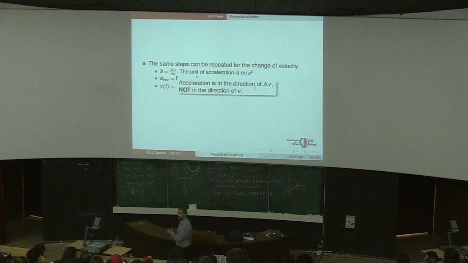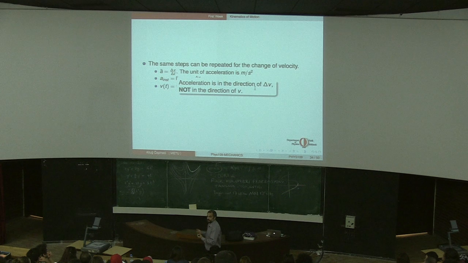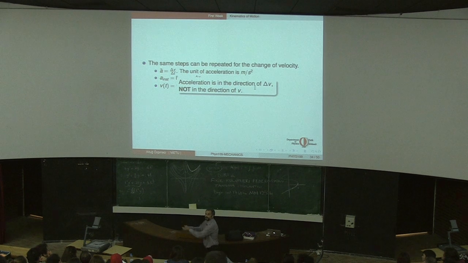All this time I have been moving in the positive direction. But initially, I had 0 velocity. Then I had positive velocity, so I had positive acceleration. Then I went from positive velocity to 0, my velocity decreased, I have decelerated, I have negative acceleration. So although I was moving in this direction, acceleration was in the negative direction.